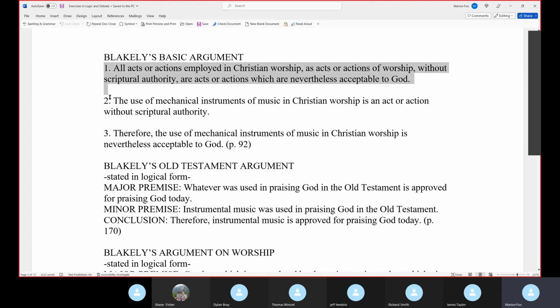Let's see if it's valid first of all, and then we'll deal with some of the other questions about it. That's what you have to do when you take these things apart. You have to make sure they're valid. And if they're not valid, you need to show why they're not valid. Is that clear? Everyone got that?